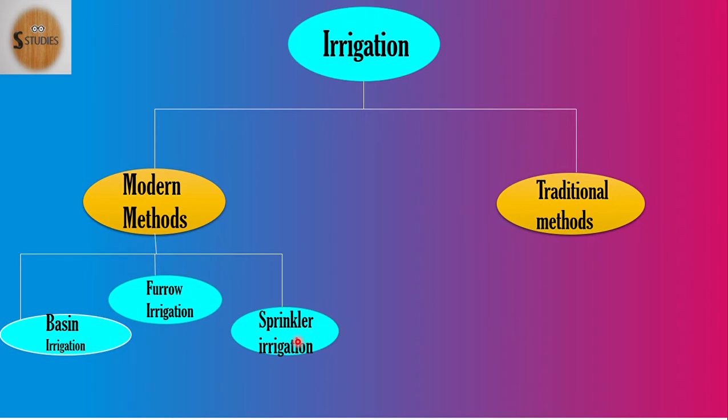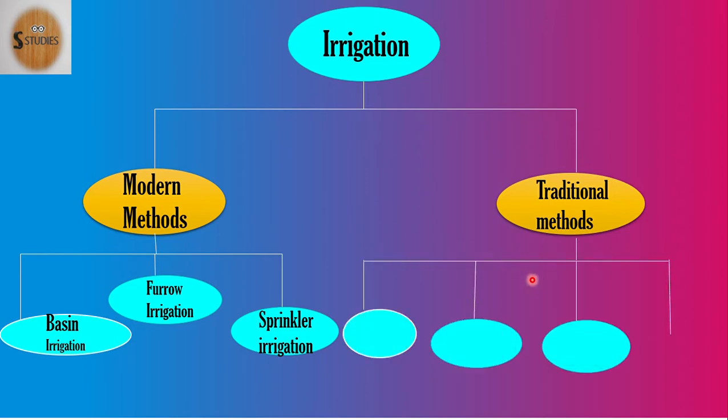Now again in traditional methods we have four types. They are Rahat, pulley system, Dekli and chain pump. So these four are the traditional methods of irrigation.